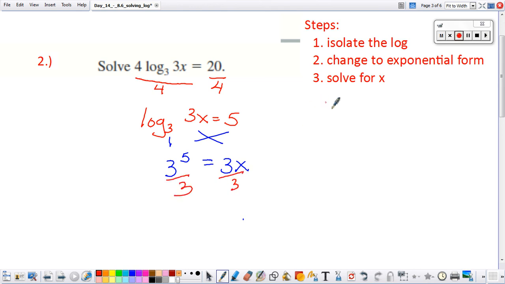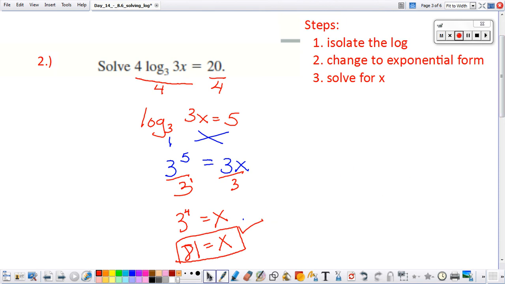It's our last step. So now we can use some laws of exponents to help us. 3 to the 5th divided by 3 to the 1st is going to be 3 to the 4th, because we can subtract these exponents since my bases are the same. And 3 to the 4th, that's 81. If we plug 81 back in here for x, will 3 times 81 be positive? Yes, it will. So that means 81 is our answer.